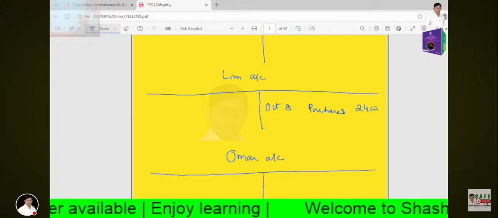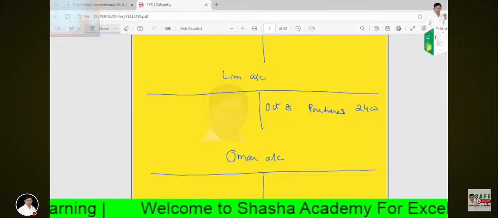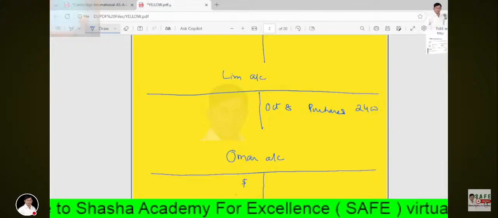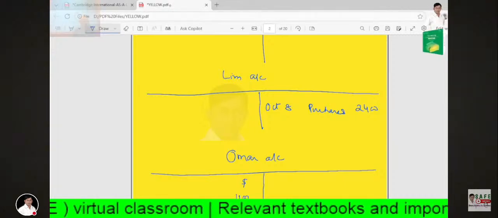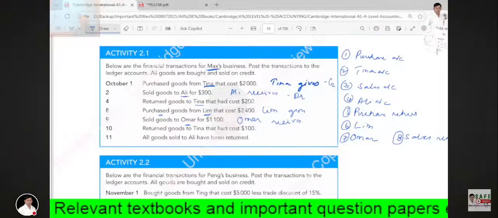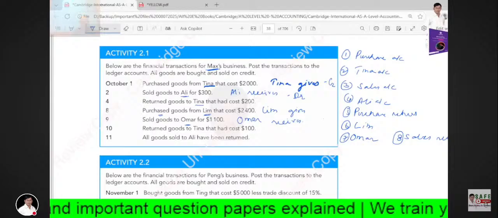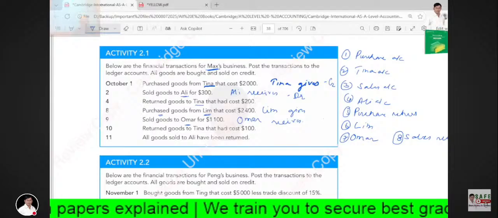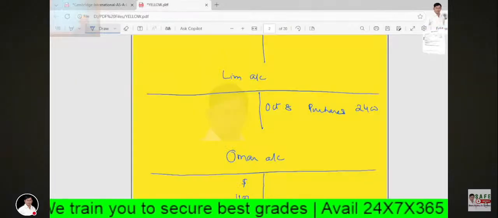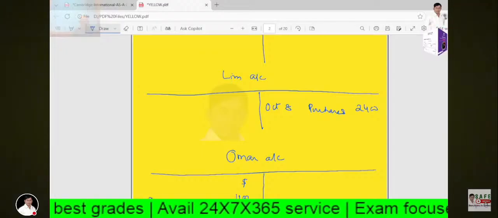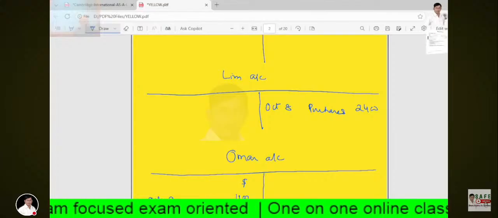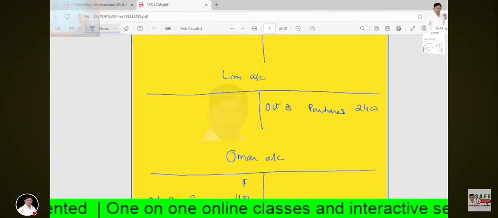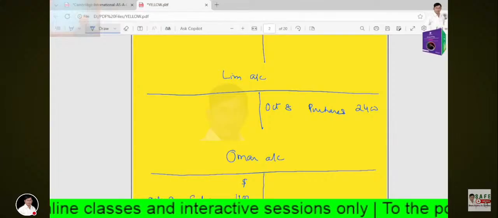Owner account will be debited. Why? Because he is receiving 1100. What date? October 9th, 1100. Owner account is debited. Why? Because we have sold to him.